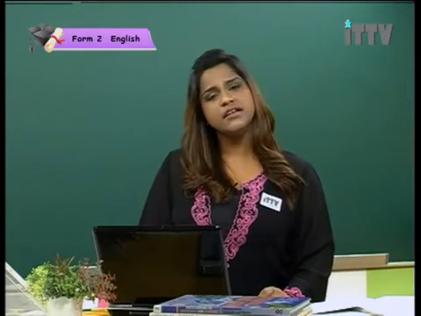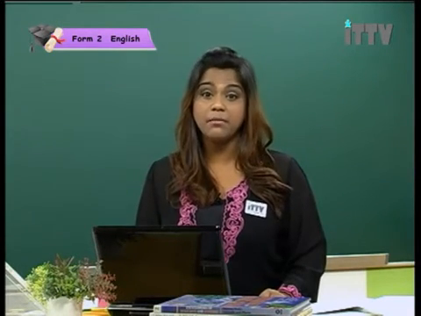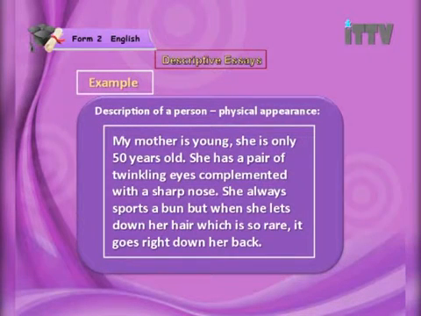Now, students, I'm going to show you a paragraph of what I wrote about my idol, my mother. Let's take a look at it, shall we? My mother is young. She is only 50 years old. She has a pair of twinkling eyes complemented with a sharp nose.